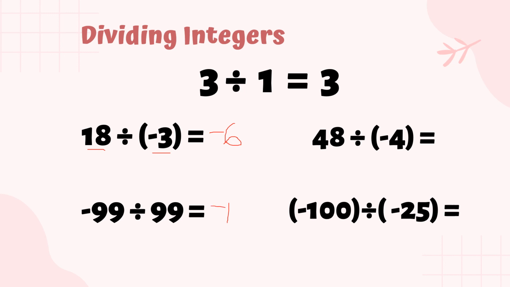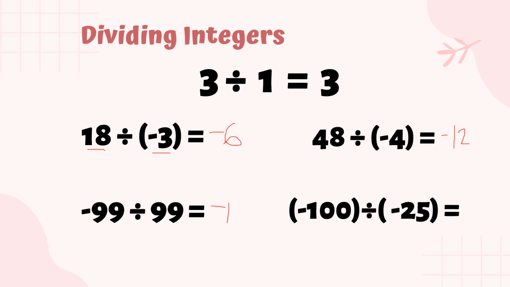Another one, 48 divided by negative 4. So simply divide the two numbers. 48 divided by 4 is 12. Since they have different signs, the first number is positive, the second number is negative. So positive divided by negative is negative. So the result is negative 12. The last is negative 100 divided by negative 25.